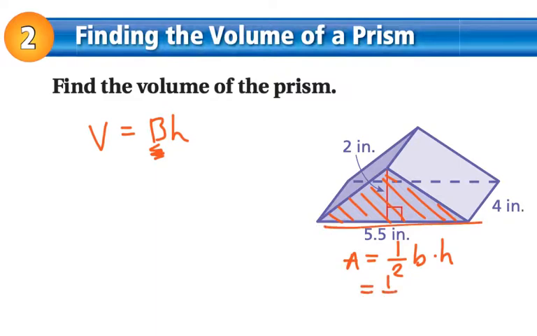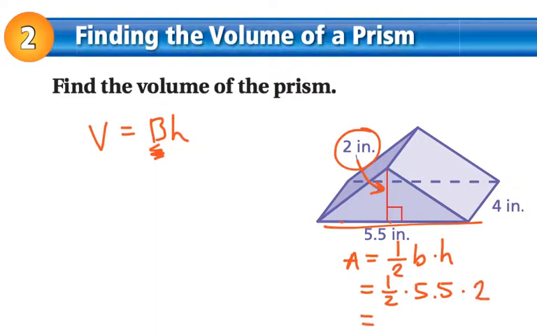So we have 1/2 times 5.5 times the height of the triangle. And that's why they give you this extra red line here on the face, because the base and the height have to be perpendicular. So the height's actually that 2-inch line that is pointing towards that vertical line. So 1/2 times 5.5 times 2 should help us find that area.